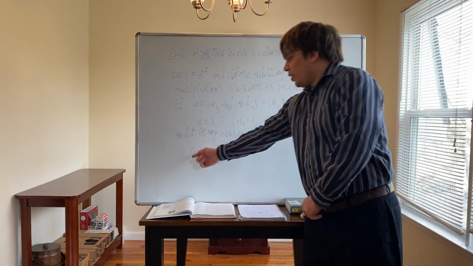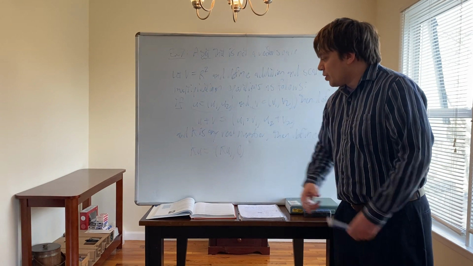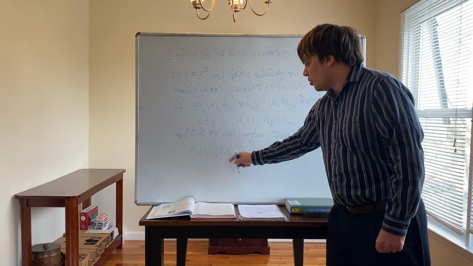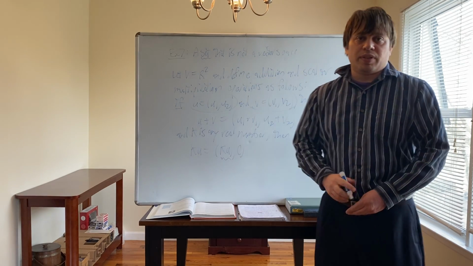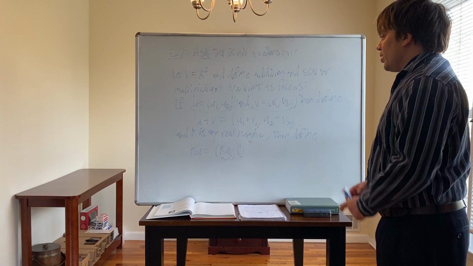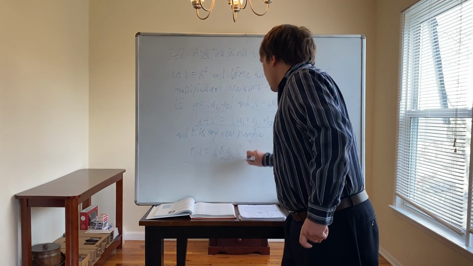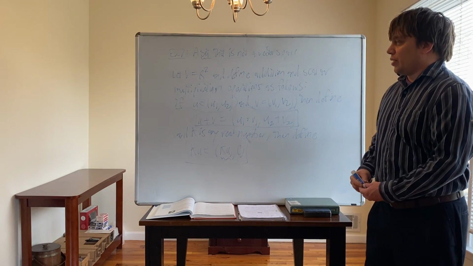So I'm going to take a scalar k and multiply it by u. And we're going to say the first component is going to be multiplying the first component of u by k, and the second component is going to be 0. Okay? And so this is how we're going to define addition, and this is how we're going to define scalar multiplication.